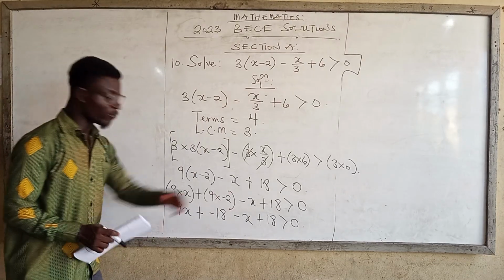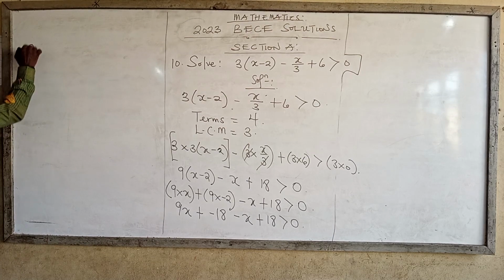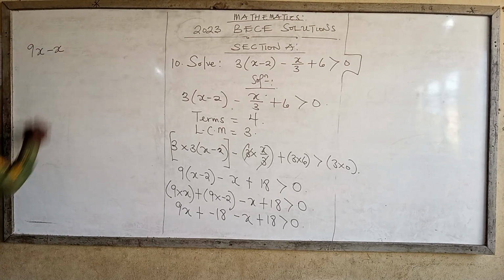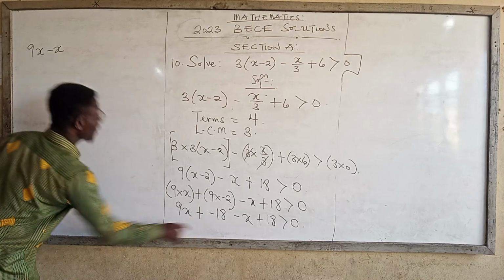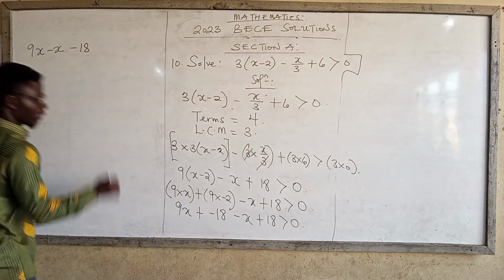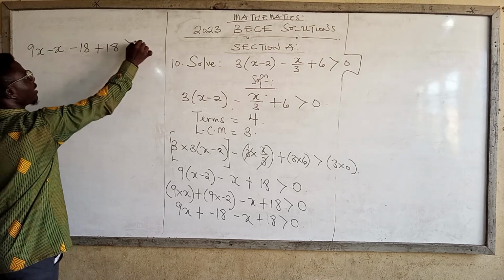What can we do? We have to group like terms, right? So we group like terms: 9x, then minus x, then negative 18, then plus 18, greater than 0.